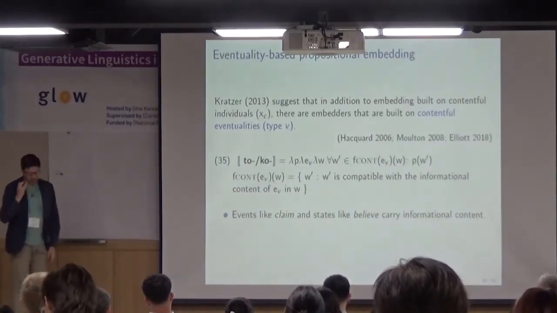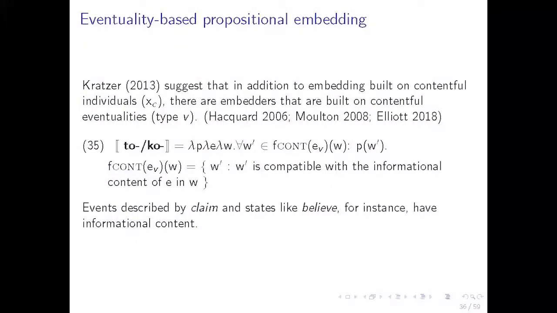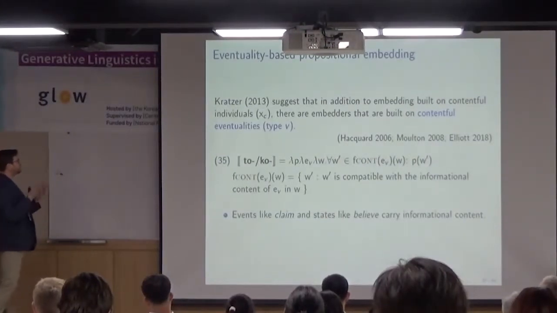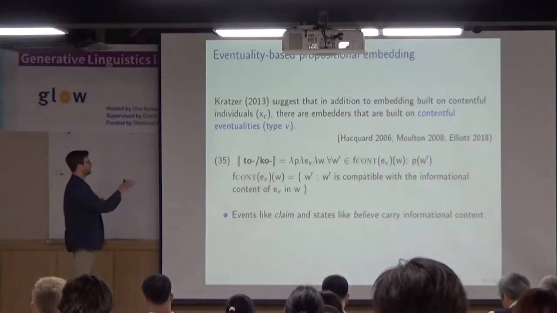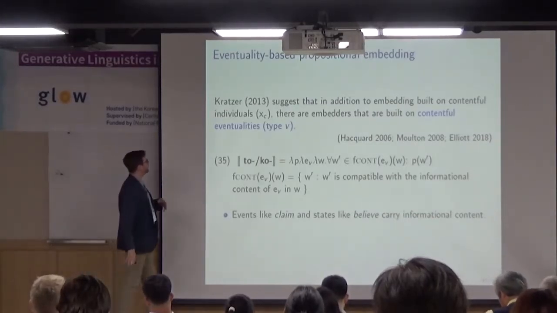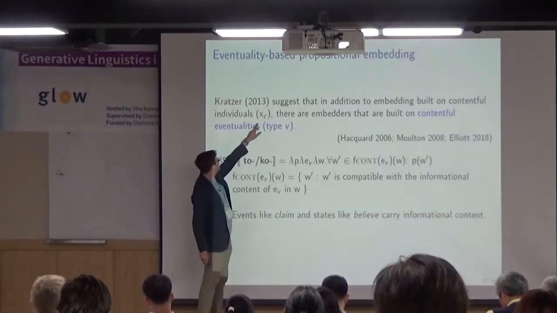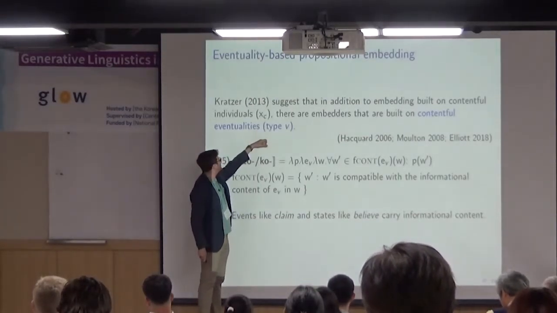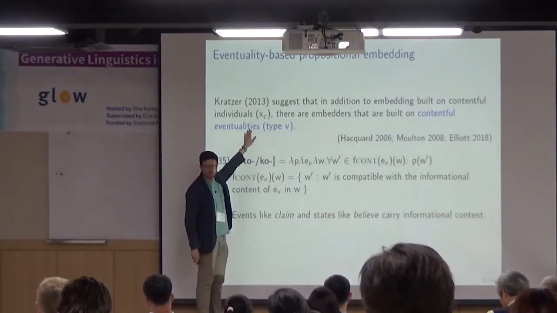The idea that some embedded clauses target the eventuality argument is not a new idea. When this idea of getting content from individuals percolated, starting with Valentin Haccard's dissertation, there was some waffling between whether you recovered content from an individual or whether you recovered content from an eventuality.